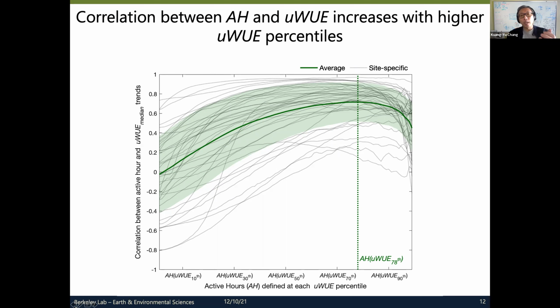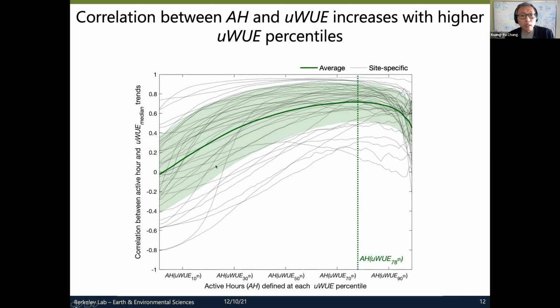We thus define MAH for each site year as the number of hours when hourly underlying water use efficiency exceeds its 78th percentile of the underlying water use efficiency inferred for all years at a given site.